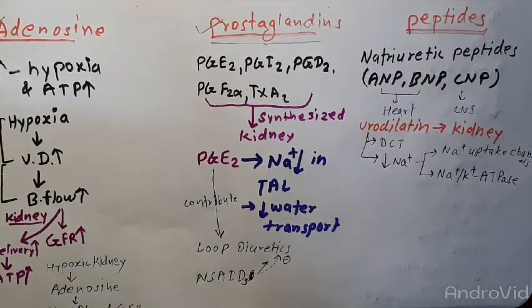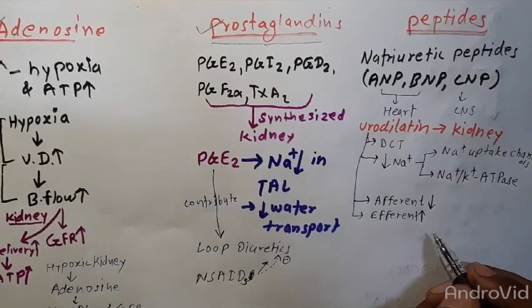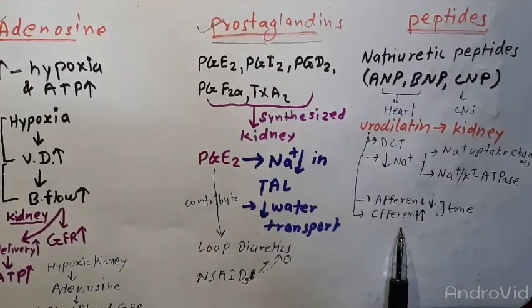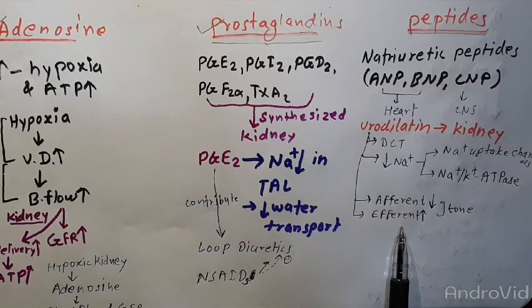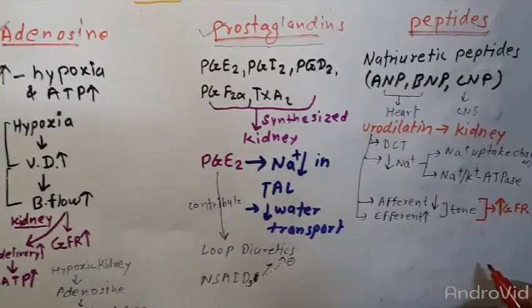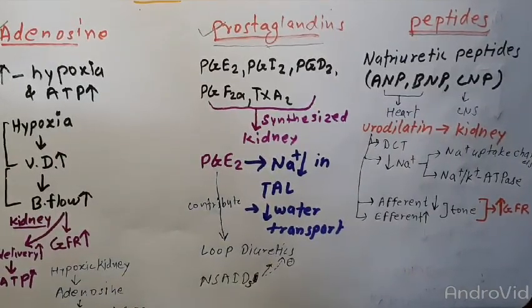It also reduces the glomerular afferent and increases the glomerular efferent tone, which is the vascular effect of natriuretic peptides. These effects cause an increase in GFR, which adds to the natriuretic activity.